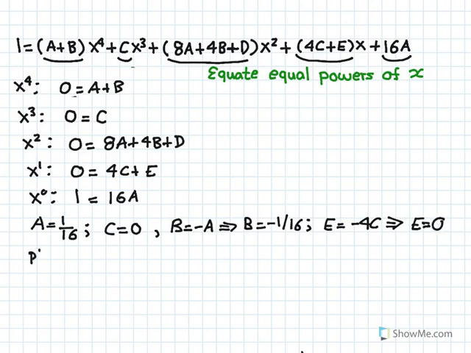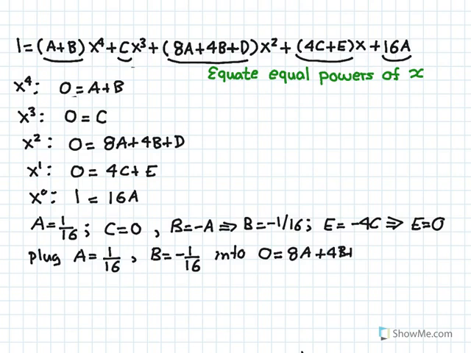Now let's plug a is equal to 1 over 16 and b is equal to negative 1 over 16 into the third equation, 0 is equal to 8a plus 4b plus d.